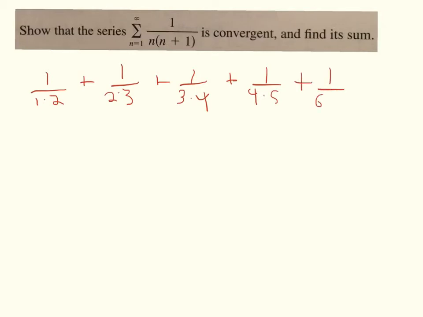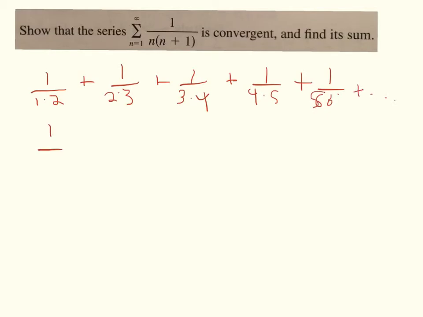So here's an interesting series, and the question asks you to show that this is convergent and then find its sum. If you write out the first few terms, when n equals 1, you have 1 over 1 times 2, then when n equals 2, 1 over 2 times 3, plus 1 over 3 times 4, plus 1 over 4 times 5, plus 1 over 5 times 6, plus and so on.